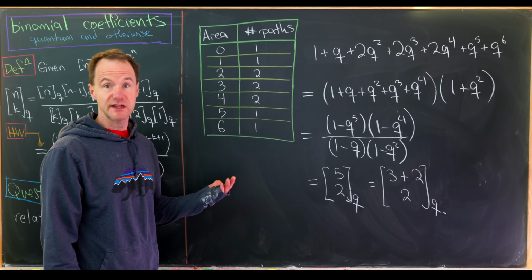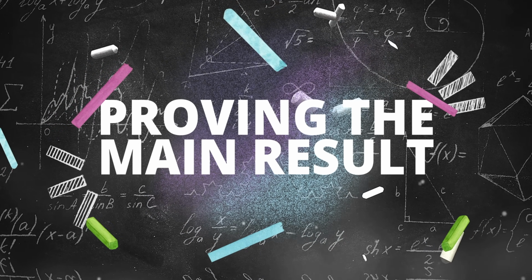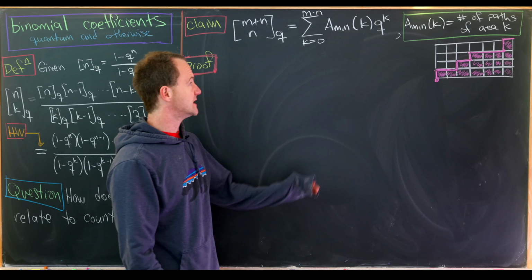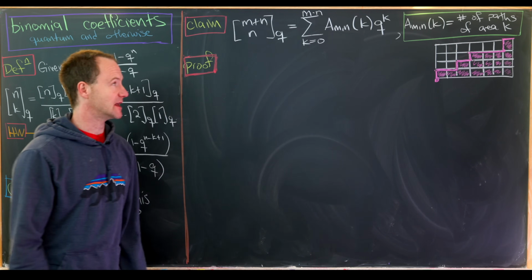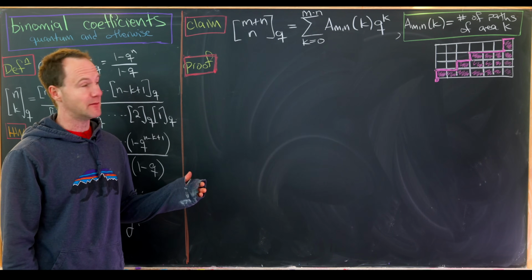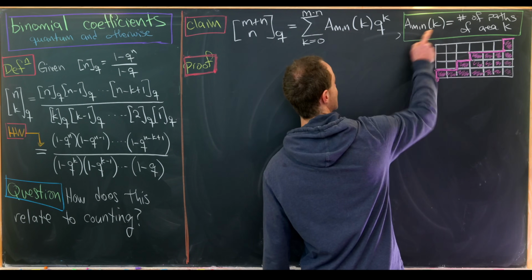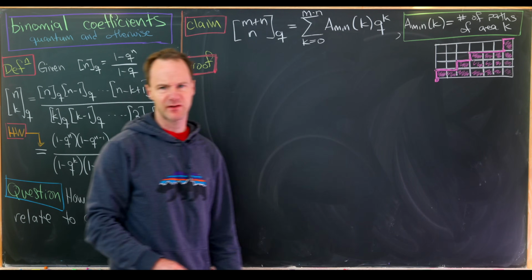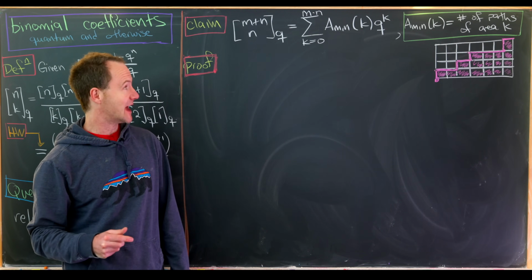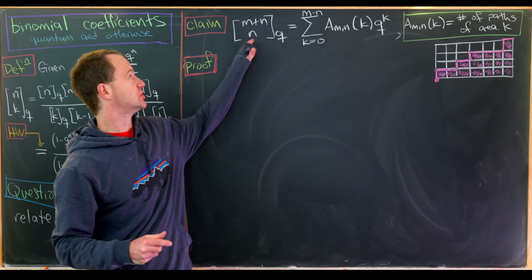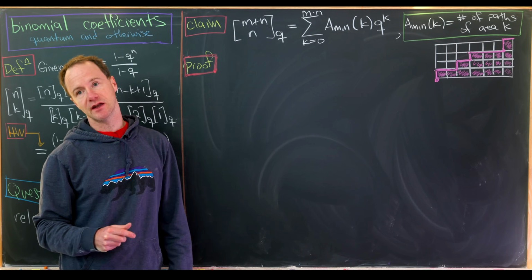Okay, so now let's prove that. So now for the main result of the video. And that is, if we take this sum as k goes from 0 to m times n of a_{m,n,k} q^k, where a_{m,n,k} is the number of paths in our setup that we've been working with with area k, then this is equal to the q binomial coefficient m plus n choose n, q.